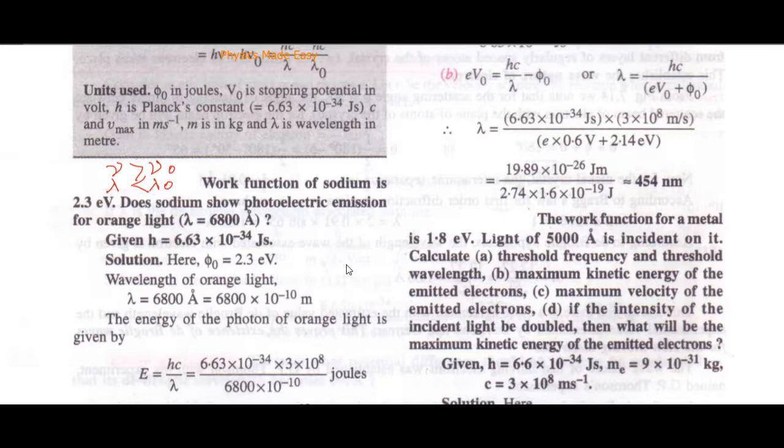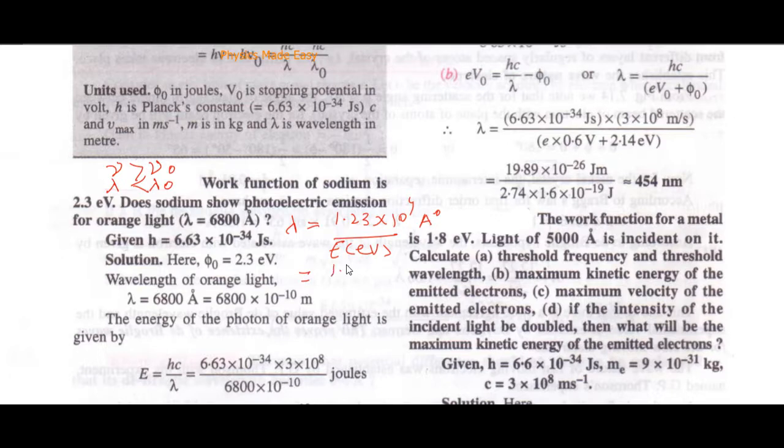For calculating threshold wavelength, I will take lambda in angstroms equal to 1.23 into 10 raised to power 4 divided by E in electron volt, and this value will turn out to be in angstroms. Now you just fill in the values.